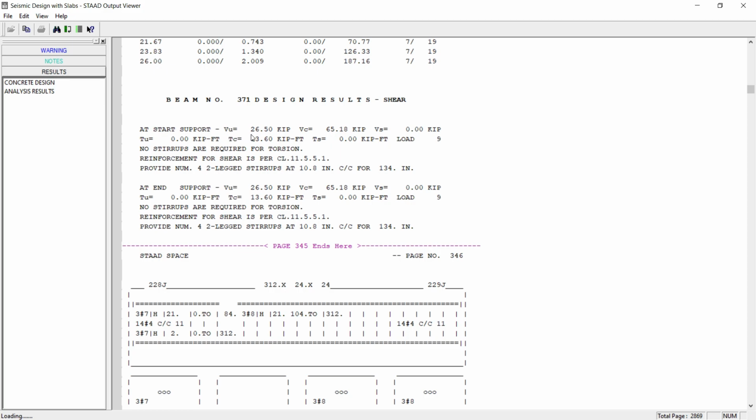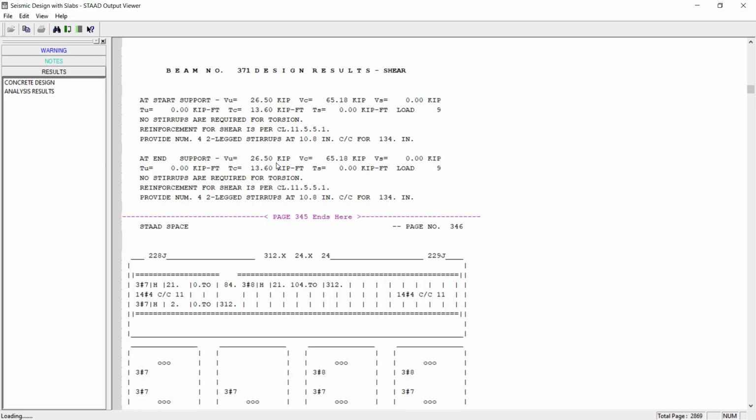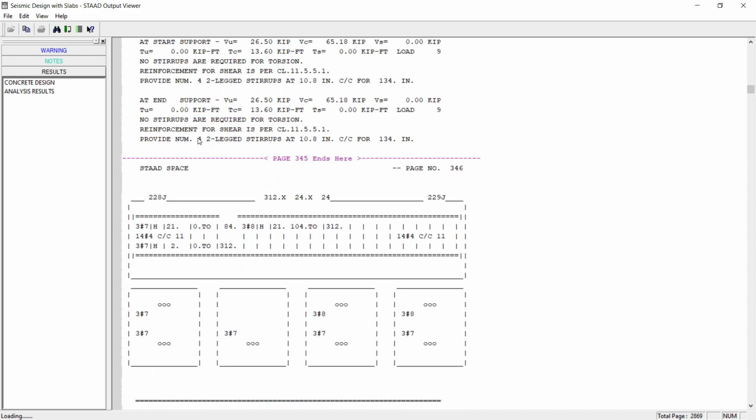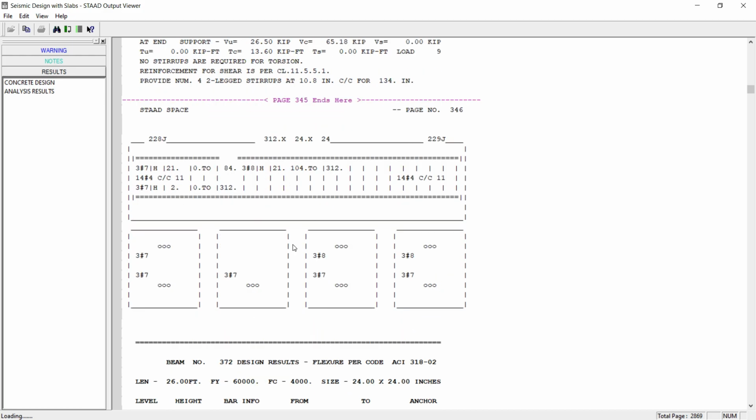And we check the support, the shear is given. As per the calculation, no shear stirrups are required, but we have to provide minimum shear reinforcement. They say provide 4 2-legged stirrups. That is standard. And on the other hand, no torsional reinforcement is required, which is in line with the calculation, and the same stirrup is also provided.